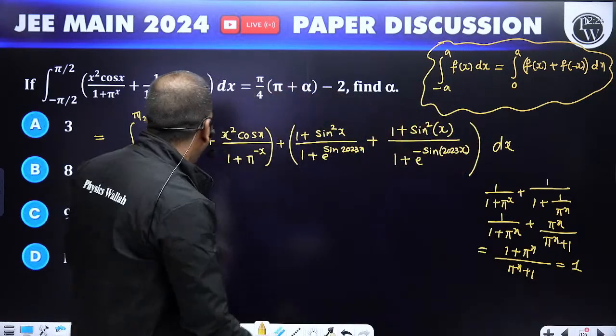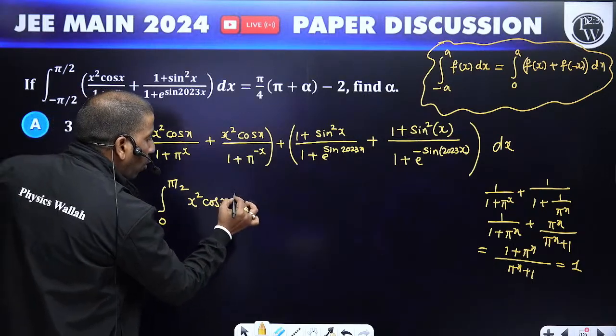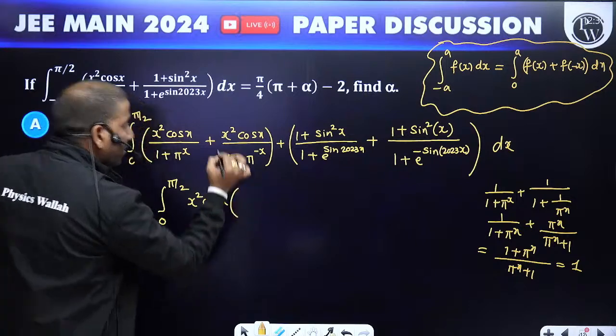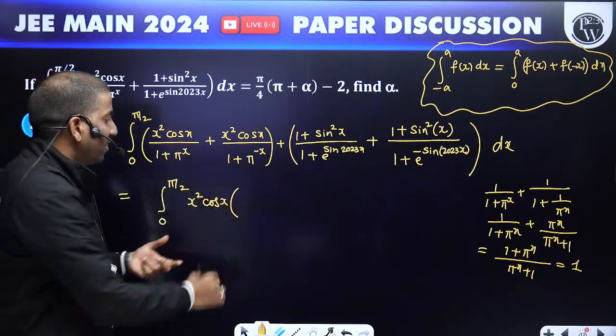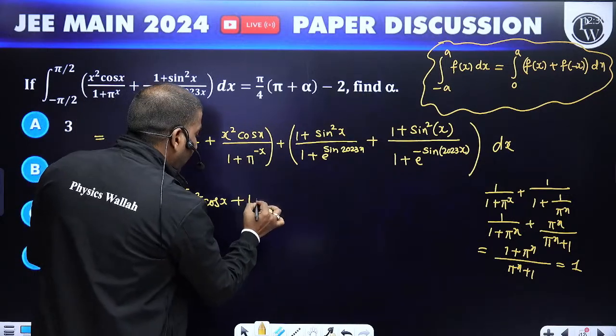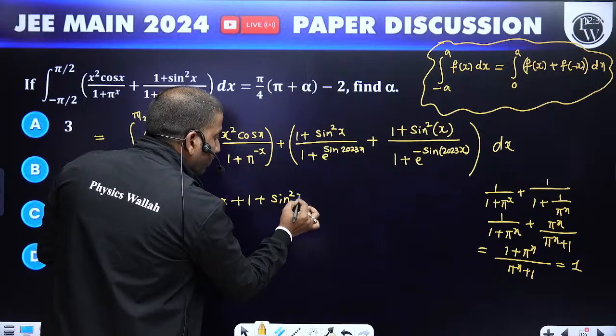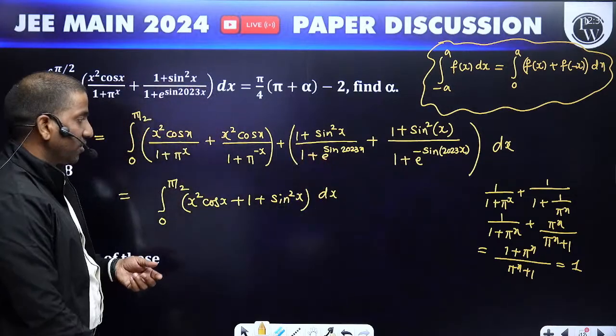So the students who are more acquainted with this model would directly write just x square cos x, that will become 1, plus 1 plus sin square x, dx.